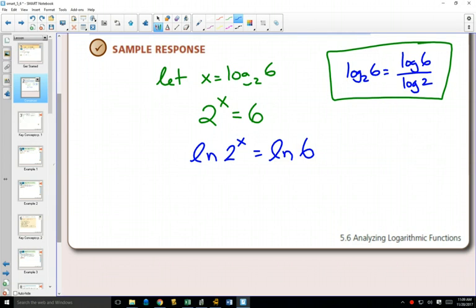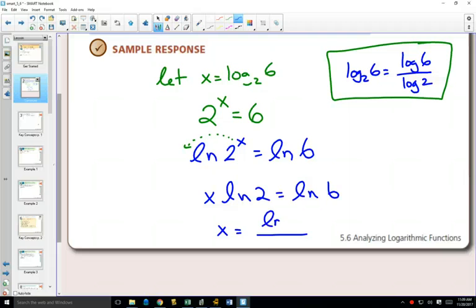So all of your log laws still stay the same. You can still say, if I have an exponent inside the log, I can bring it out front and multiply. So that will be x natural log of 2 equals natural log of 6. And if I wanted to get x by itself, I divide both sides by the natural log of 2.